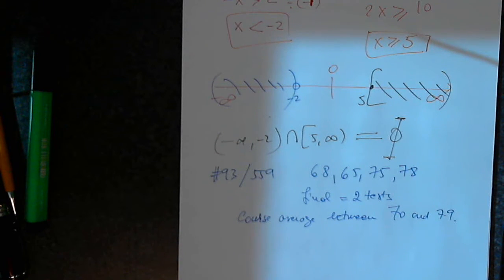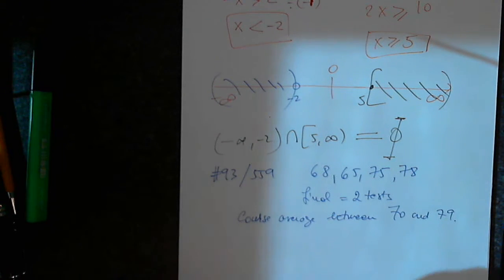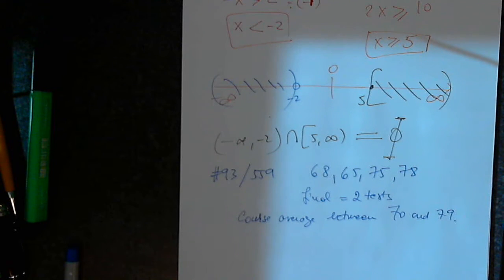The final exam counts as 2 tests, and the C is received if the final course average is from 70 to 79. Okay, can anyone suggest anything, first of all?